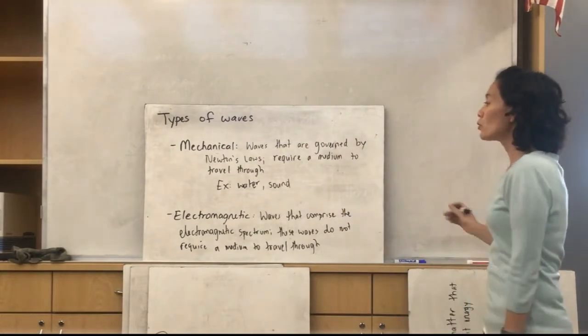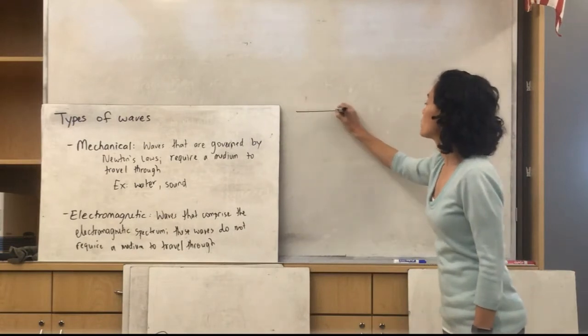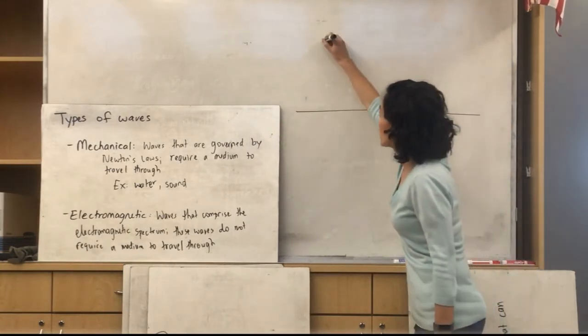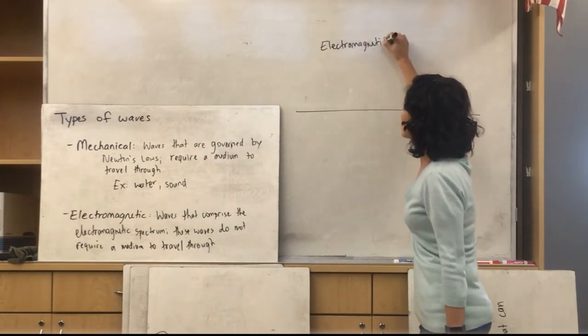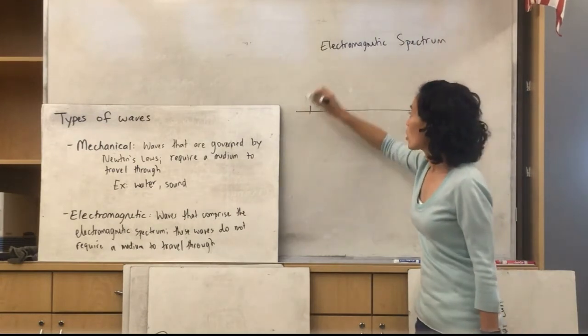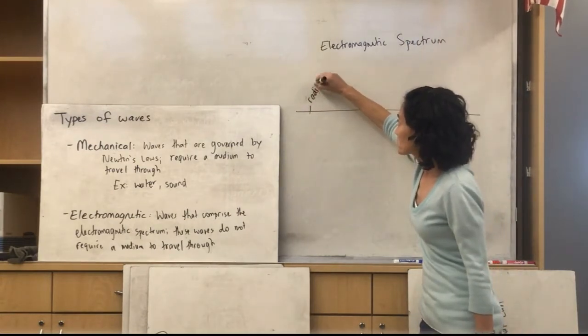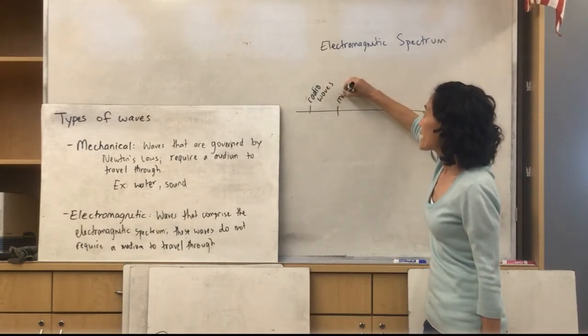Okay? So, a review of a little bit of physical science background knowledge. If you think about the electromagnetic spectrum, we have our big waves, which are radio. Then we have our microwaves.